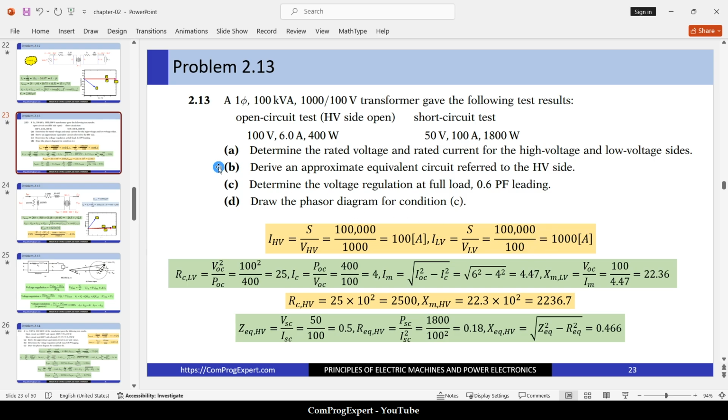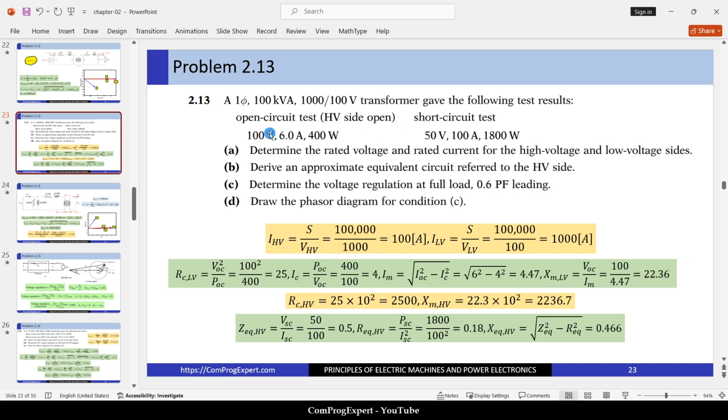Okay. Part B, derive an approximate equivalent circuit referred to the high voltage side. So how can we calculate the equivalent circuit for the high voltage side? Data for two tests are given.